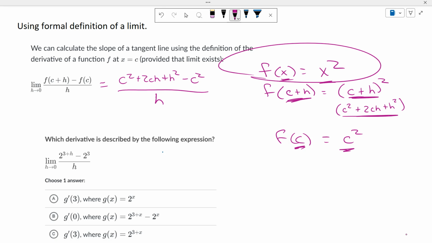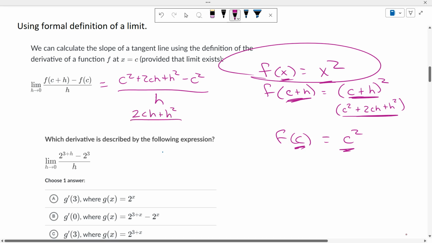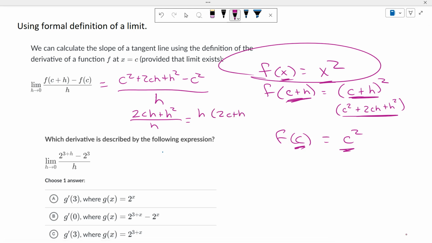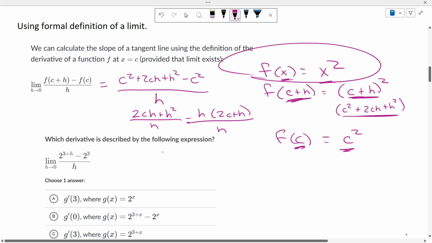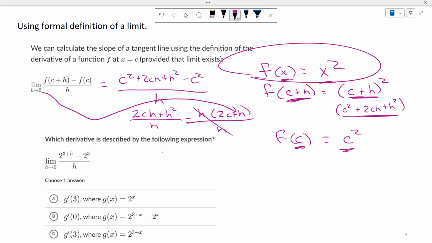Cancels. So we get 2ch plus h squared over h. What can we factor out on the top? h. So it's 2c plus h over h. The h's cancel. And now, since h approaches 0, we're going to put a 0 in for h, and we get 2c.